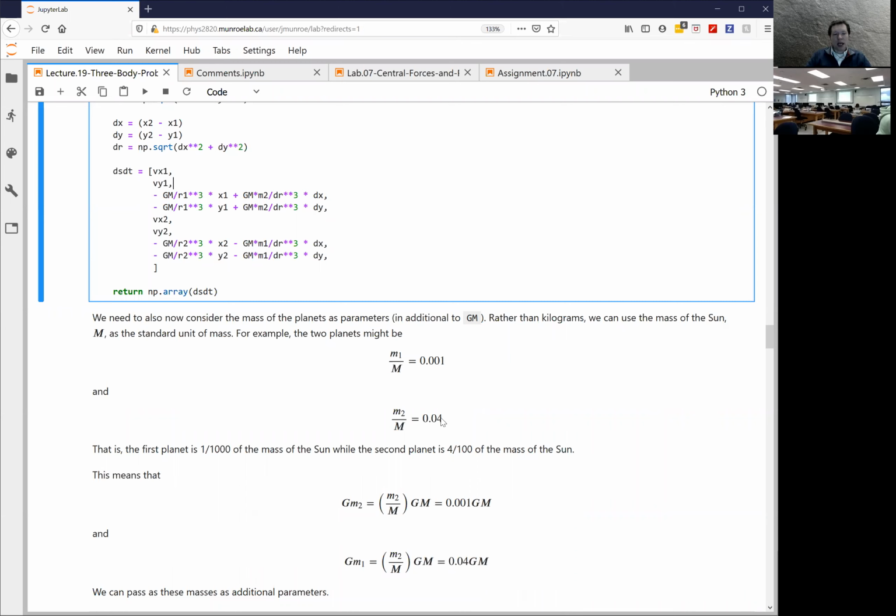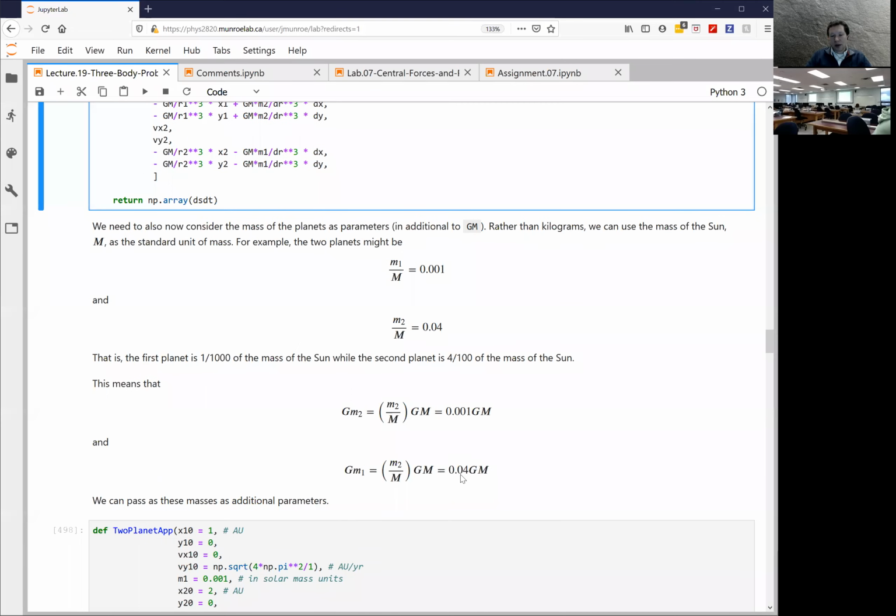If we think about the expression G times M2, we can replace that M2 with M2 times M divided by M. Basically, we're inserting a factor of M in this denominator and in this numerator, recognizing that G times M2 can be written as the mass in this non-dimensional unit times GM.